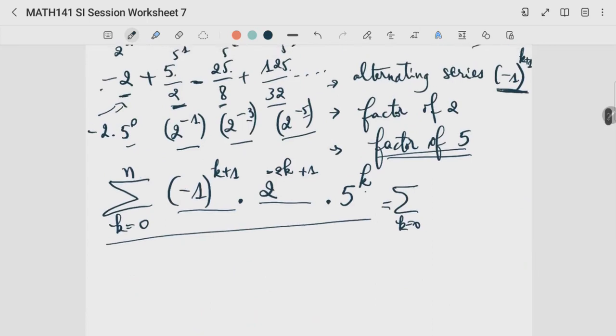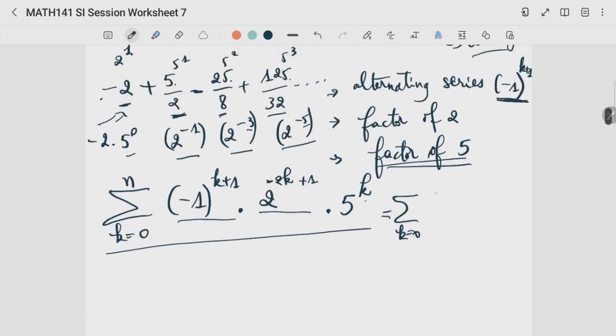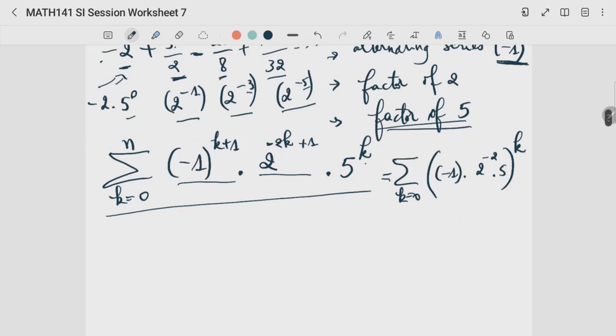So let's put all the terms in k together. So we would have -1 times 2 to the -2 times 5, all to the k. And then the independent terms with no exponents in k will be -1 times 2, and that's it.